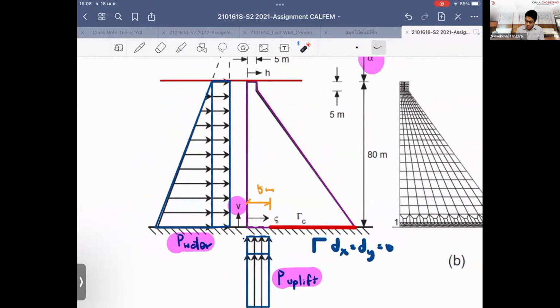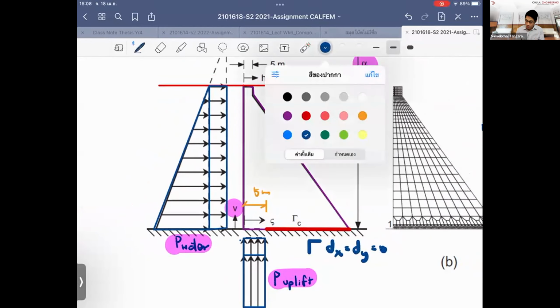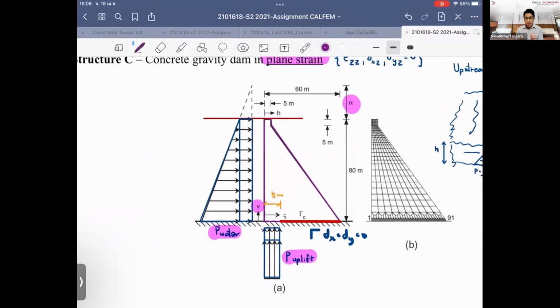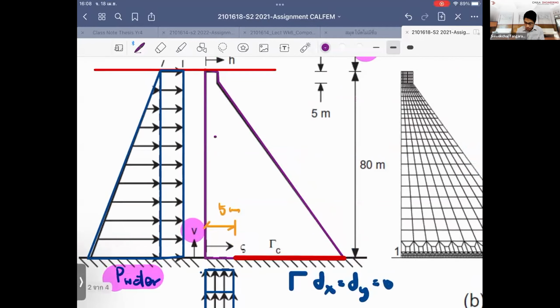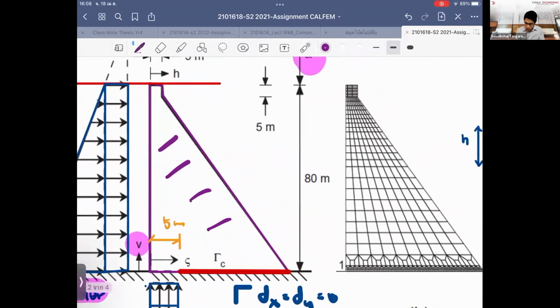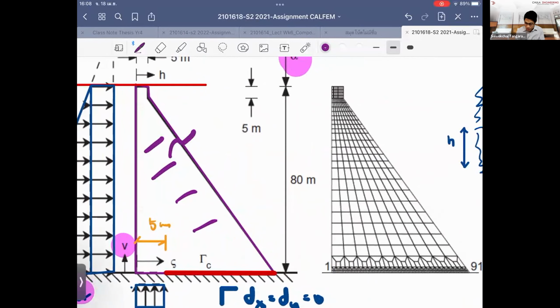Another thing that you have to keep in mind, this is very important, because the only mechanism that can resist the hydraulic force is the gravity load of the dam. Because the dam by itself has the selfweight. The selfweight, which is concrete, comes from the density of the concrete.